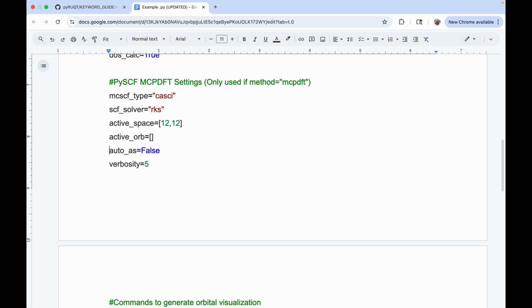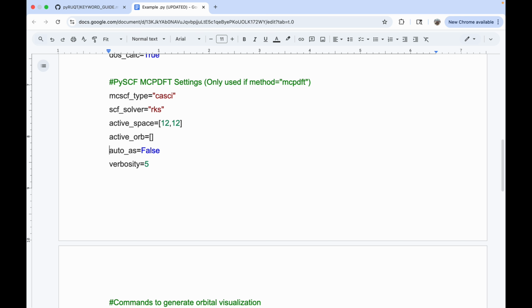There's EDIIS, there's CDIIS, and many, many more. I highly encourage you to look up the differences between these and even see what could work best for your system. And this is a really good tool because if you are struggling to get your calculation to converge, changing the SCF algorithm could help get you unstuck out of a convergence issue.